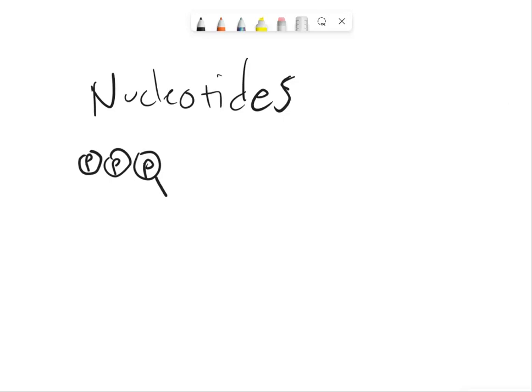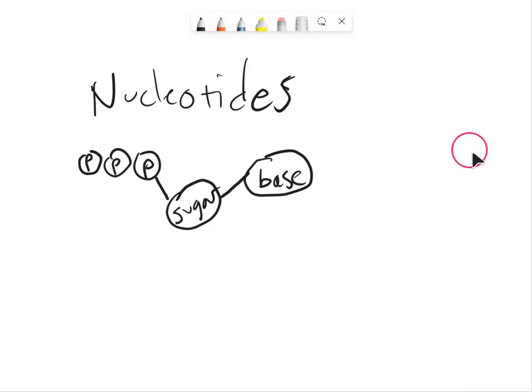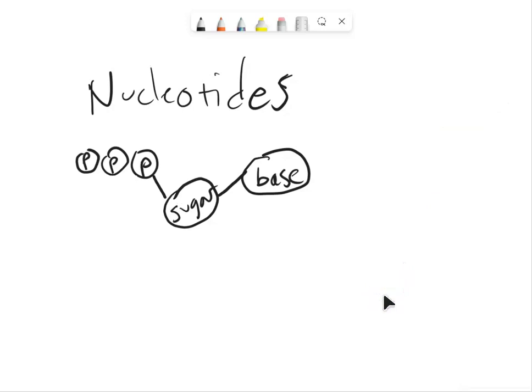And one of them is bonded to what we'll call a sugar. And that sugar is also bonded to what we call a base. So that's a nucleotide. The sugar can be ribose or deoxyribose.